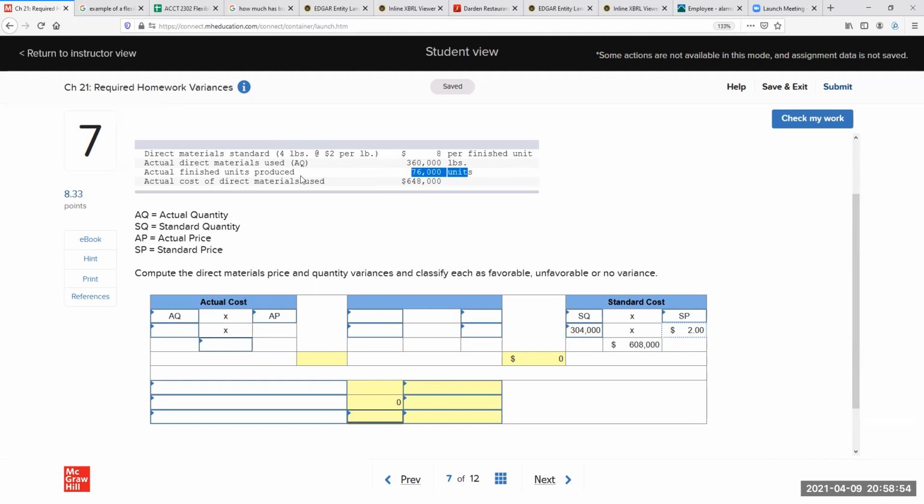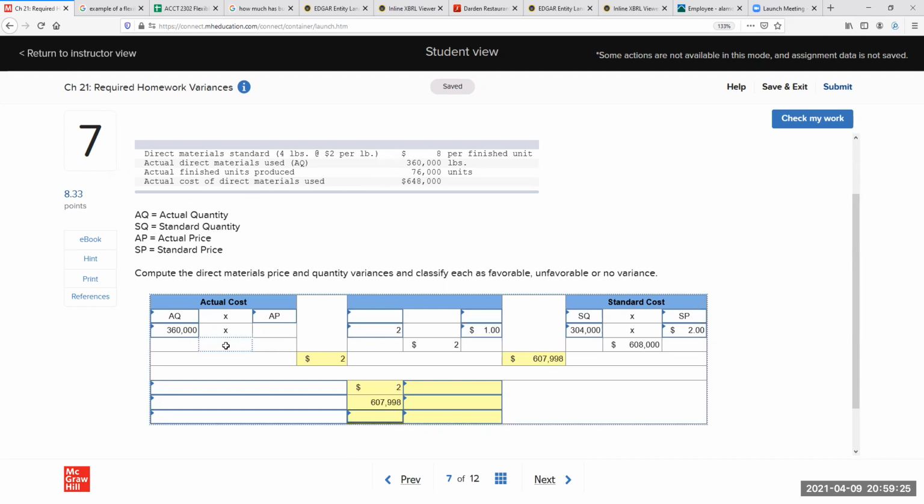Now let's go check what we actually paid. The actual direct materials used were 360,000. Well, they don't tell us the actual price. Let's see here if the actual cost is 648. So take 648, what you actually paid, divided by the actual materials you used to get the actual price you paid, which was $1.80.